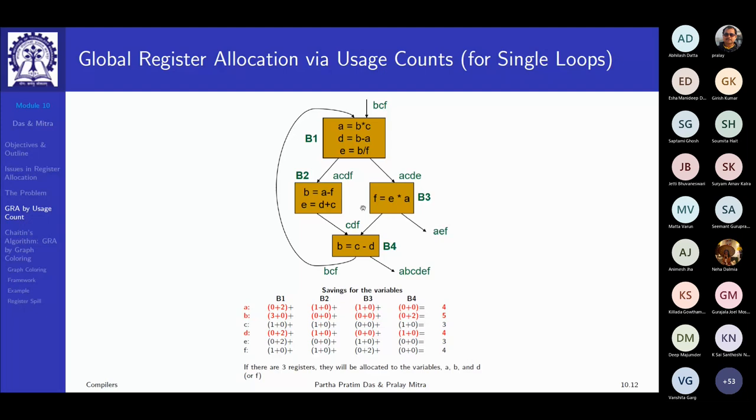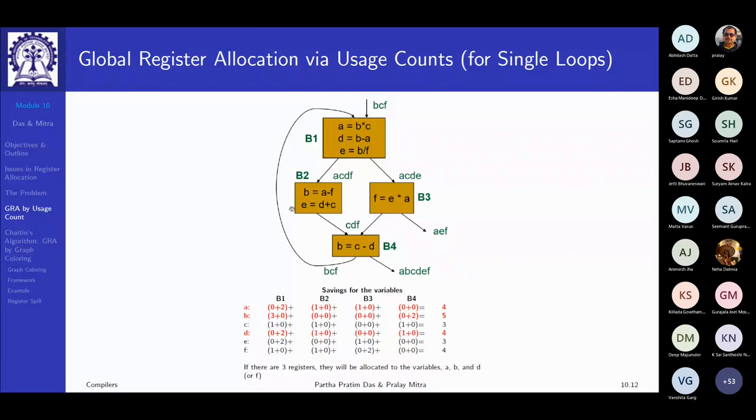What happens on exit? A has been defined in B1, and on exit, A is live. Actually, it is live on both exits, though it would have been enough to be live on only one. So I gain 2 units if I can retain A in a register. So the live and computed predicate is 1, and I have a cost of 2, savings of 2 here.